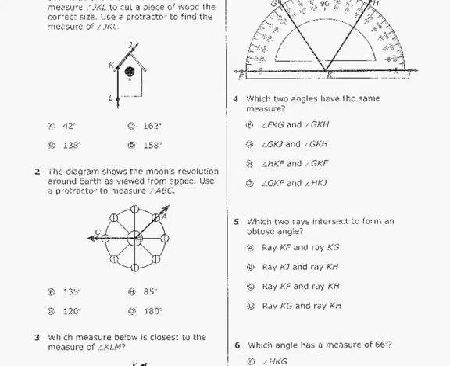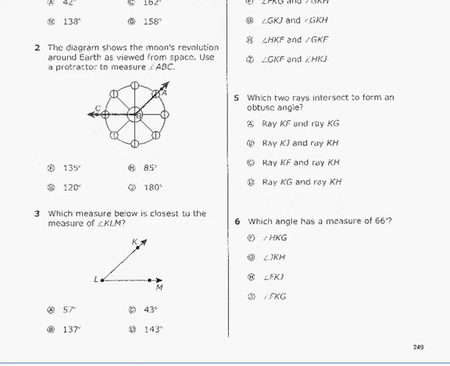Question number 6. Which angle has a measure of 66 degrees? F, angle HKG. G, angle JKH. H, angle FKJ. And J, angle FKG.